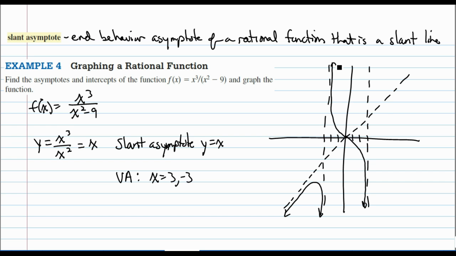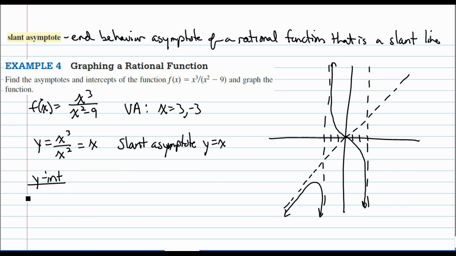Oh, which reminds me, we need to find the intercepts. Duh. The y-intercept is when the x-coordinate equals 0, so really just the numerator equals 0. So that's at x equals 0. So (0, 0) is the intercept. For the other intercept, we plug in 0 for x.